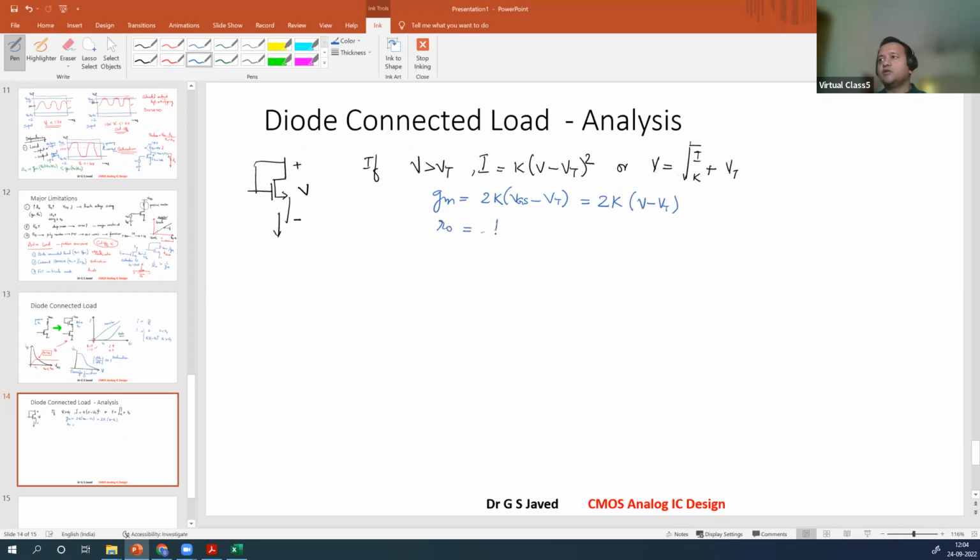What is R naught? 1 over lambda ID. What is I? This equation. So 1 over lambda K times (V minus Vt) the whole square. Right? So this is step 1, the DC analysis.